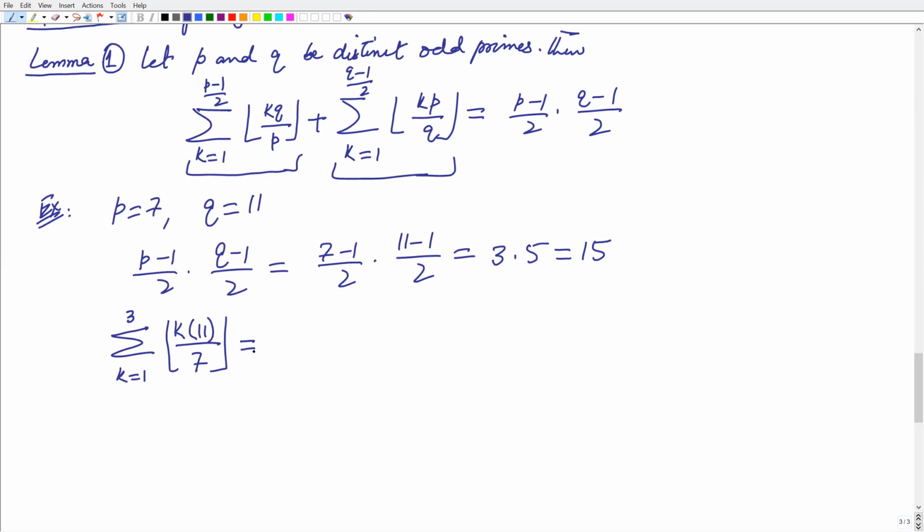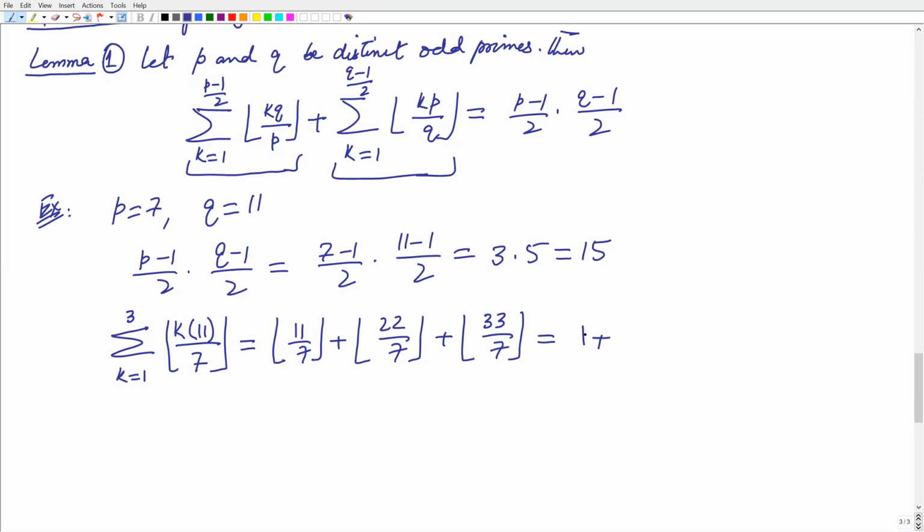So we apply the sum here. When k is 1, this is 11 by 7, plus when k is 2, this is 22 upon 7, when k is 3, this is 33 by 7. So the floor of 11 by 7, which is 1 point something, is 1.